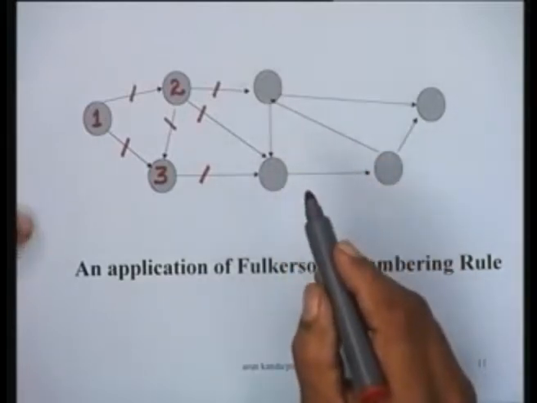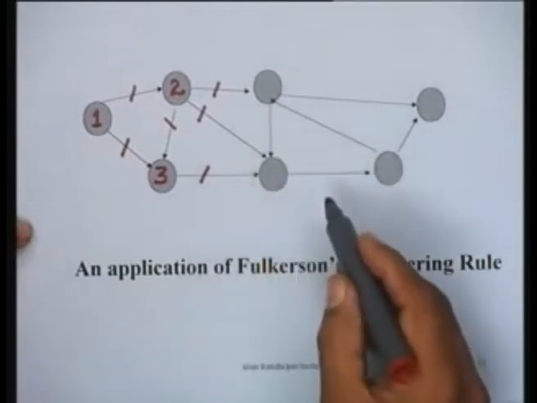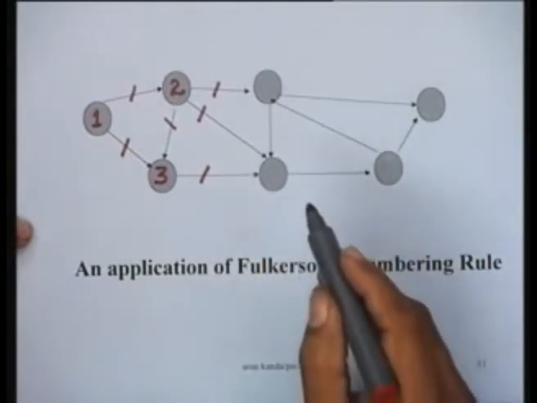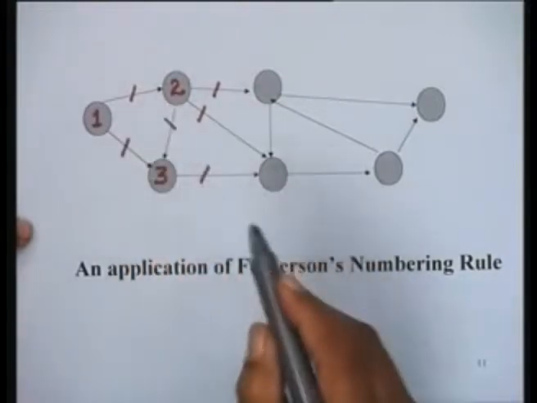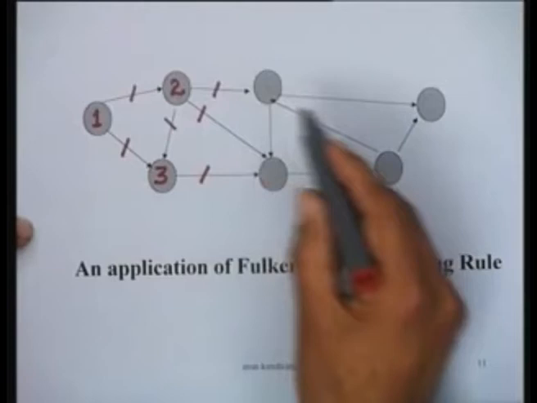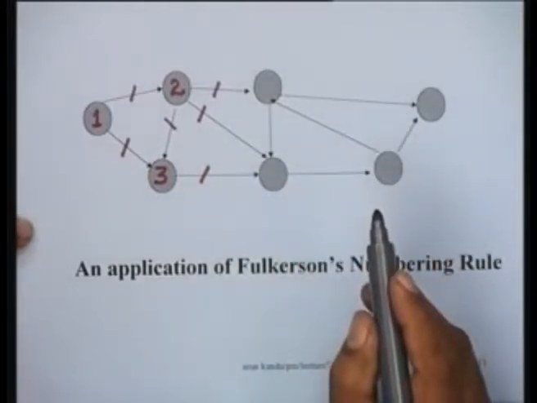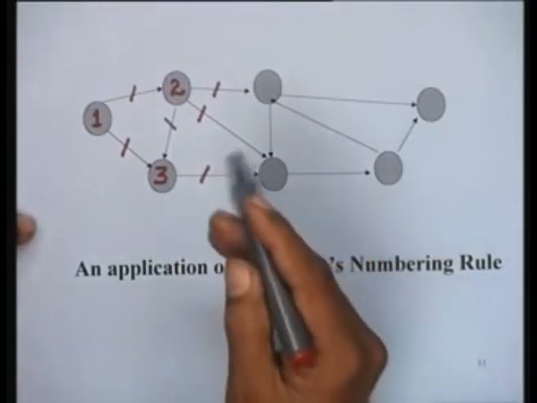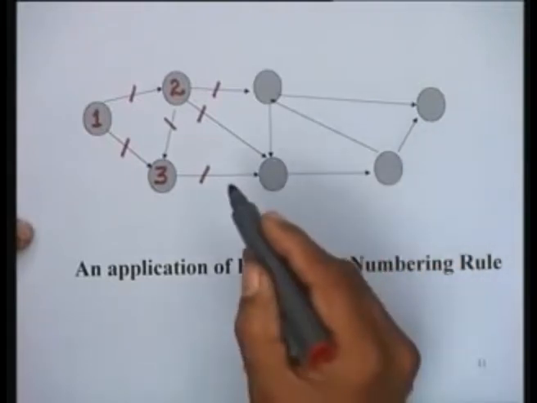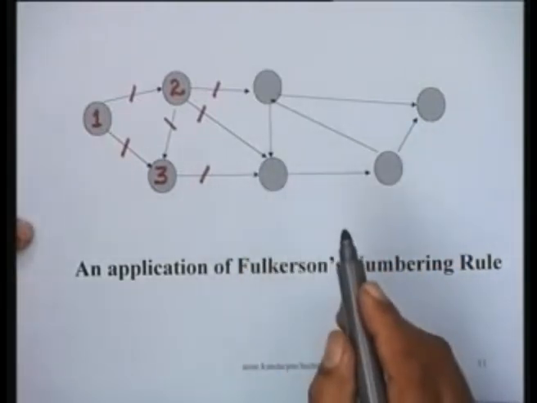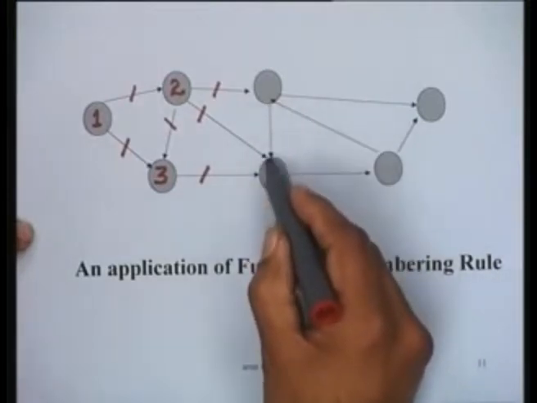So we have reached a stage where we are not able to number any of the remaining nodes for the simple reason that there are no sources among them. We have been able to number only 3 nodes in this network, and the remaining nodes are not numbered. You can see that the numbering rule stops here because we cannot number, and this shows that the network is actually inconsistent. A closer look at the network shows that there is a loop here.